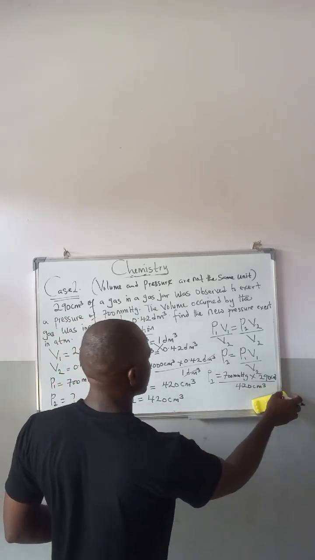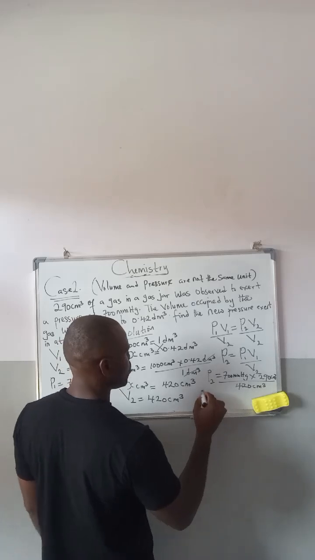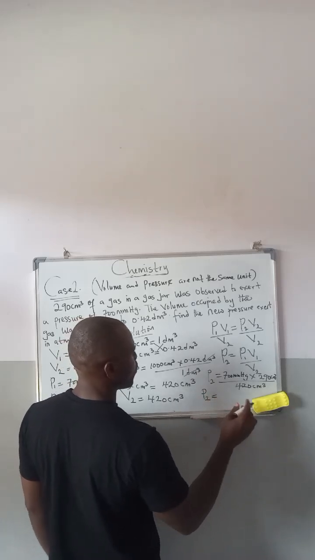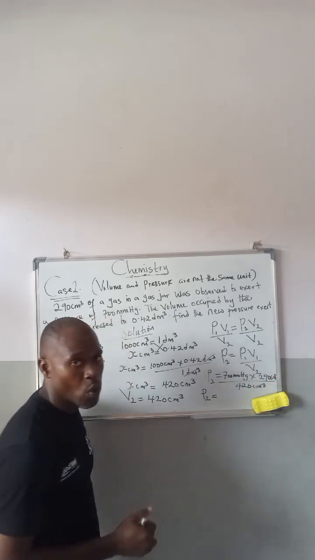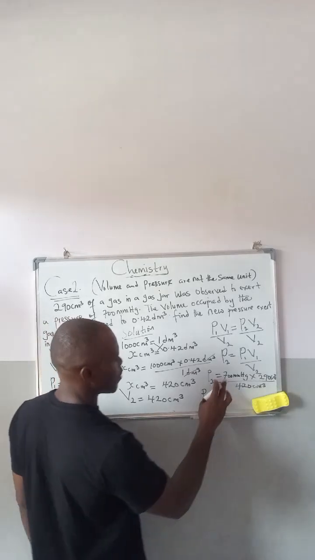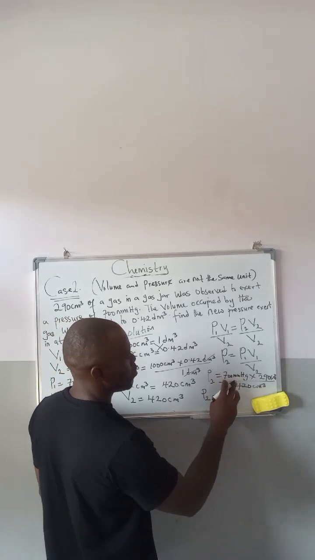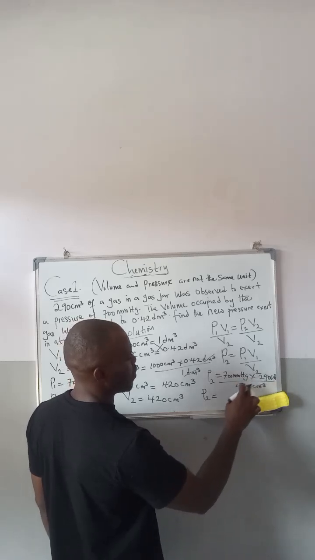So the centimeter cube and centimeter cube will go. Are you with me? So you have 700 millimeter mercury times 290 divided by 420.